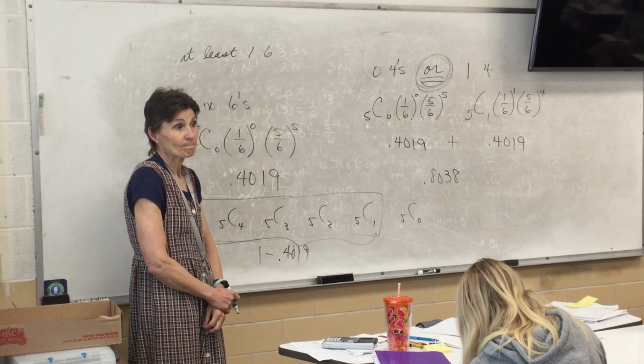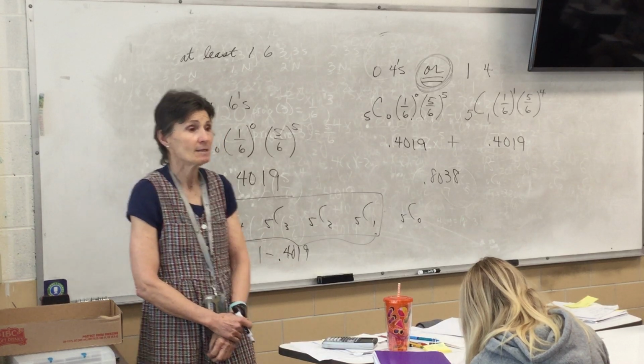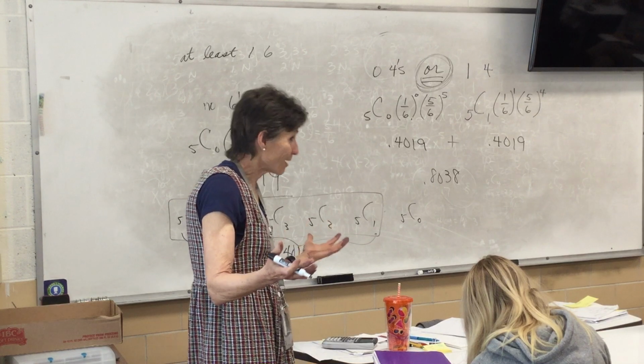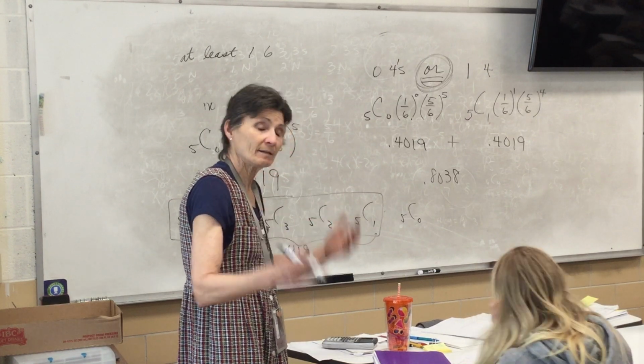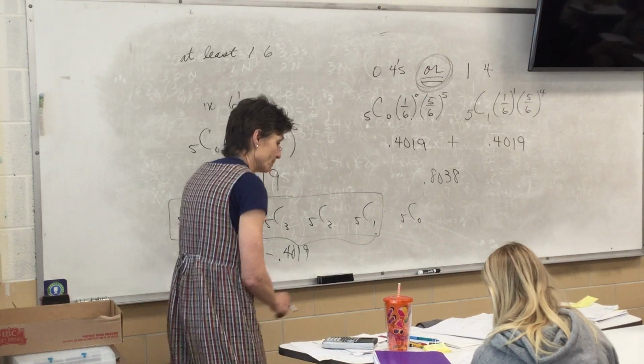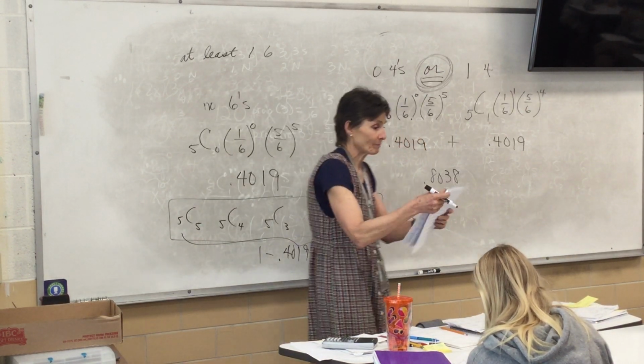Right? Think about it. If I tell you the probability it's going to rain is 0.2, then you know the probability it's not going to rain is 0.8. Yeah. Perfect. Patrick, you made my day.